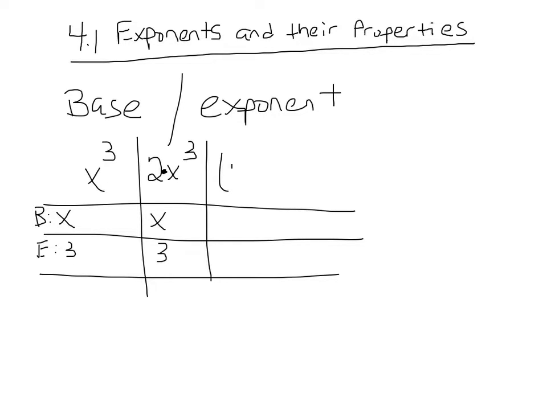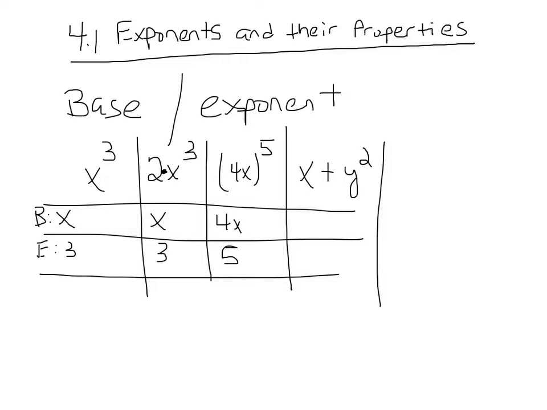However, if we had something like this, (4x) to the 5th, well, then the base of that is 4x, and the exponent is 5. If we had something like x plus y squared, be careful here, the base is just y for the exponent 2.